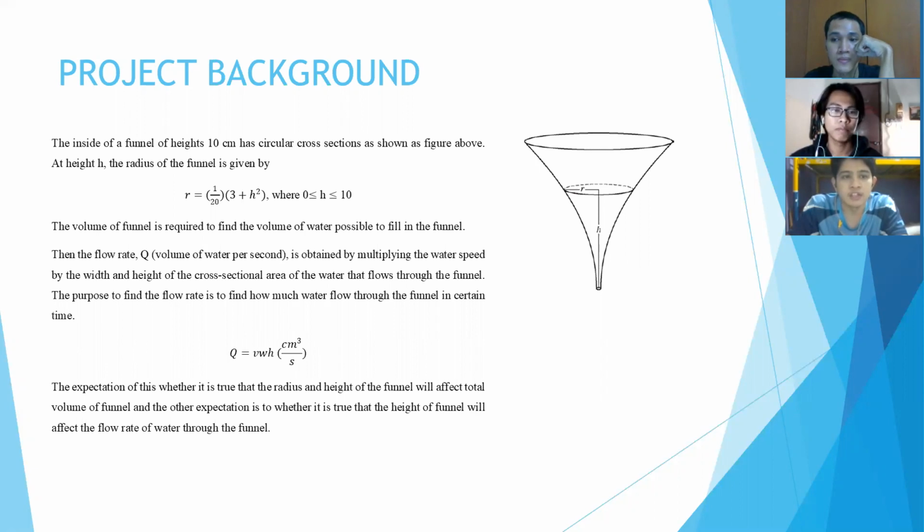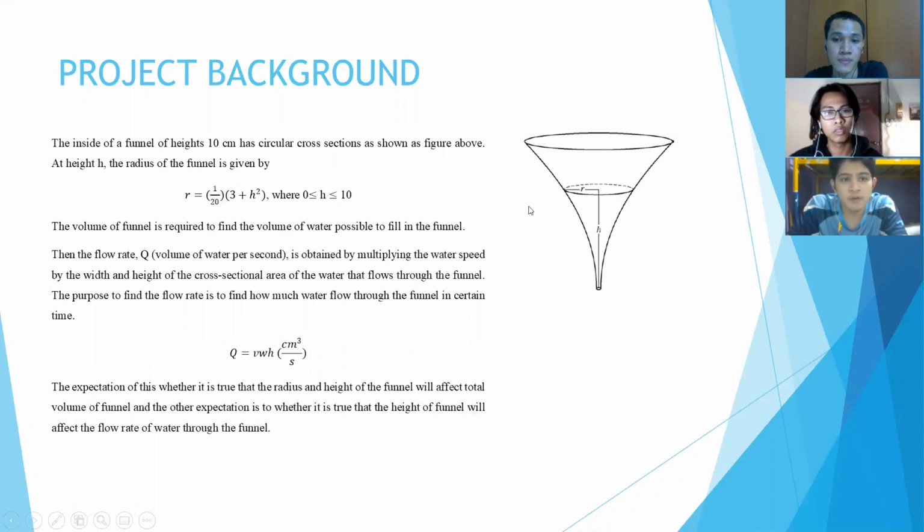The inside of the funnel of height 10 cm has a circular cross section as shown in the figure. At the height of H, the radius of the funnel is given by R equal to 1/20 times (3 plus H) to the power of 2, where the range of H is from 0 to 10.